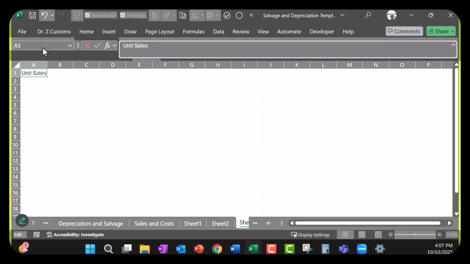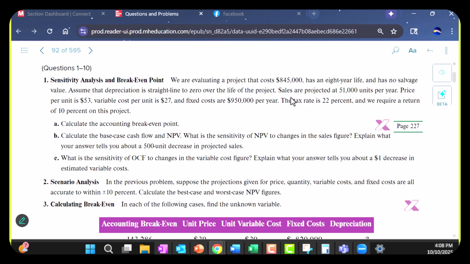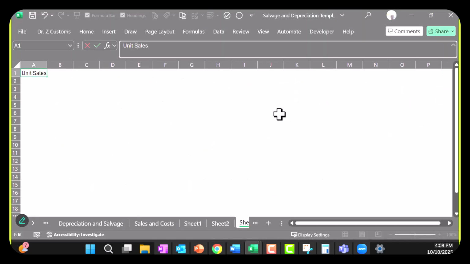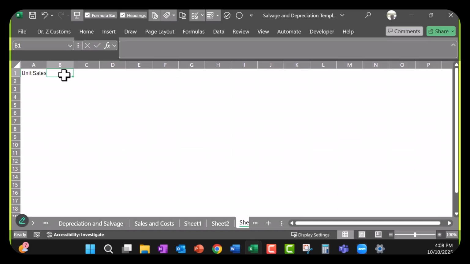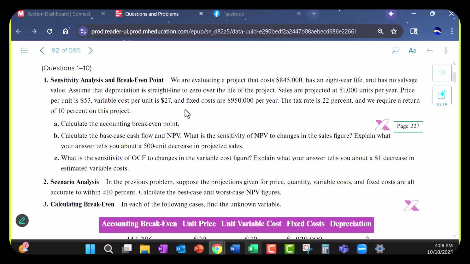You have unit sales, 51,000. Unit price. Unit cost. Fixed cost. 53. 27.